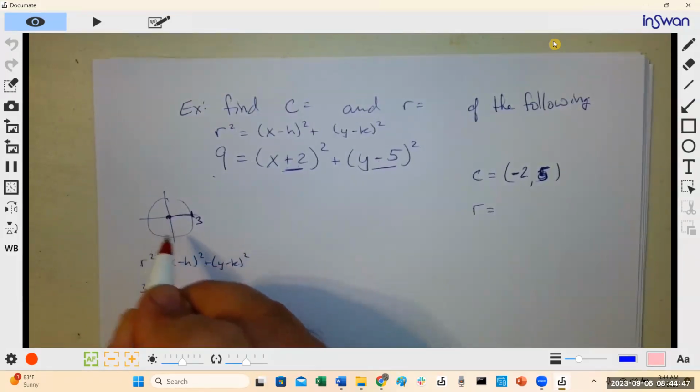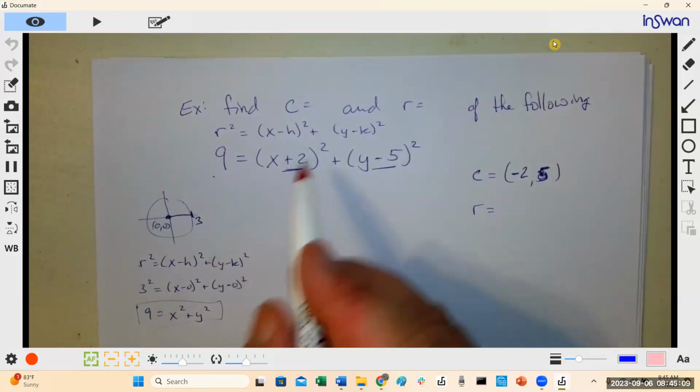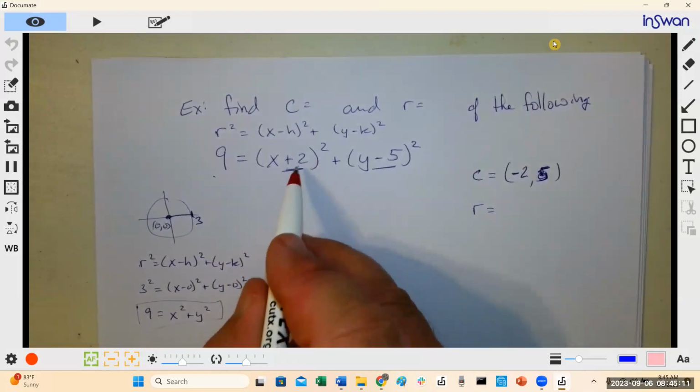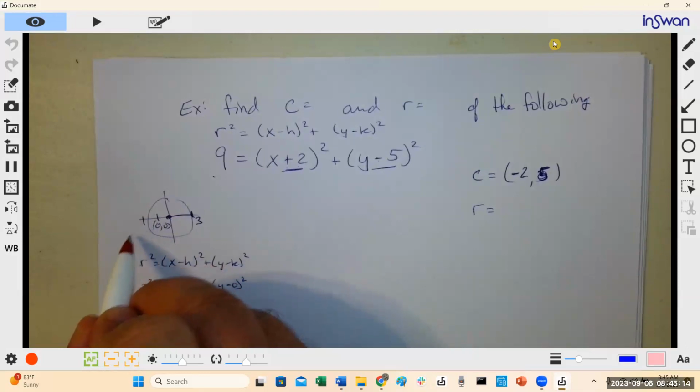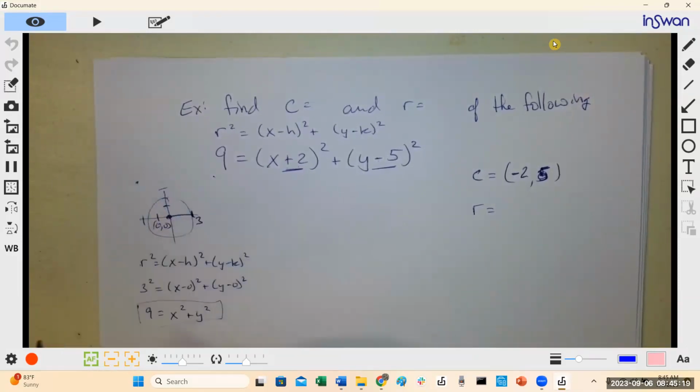The center is at (0, 0). So (x minus 0) squared, (y minus 0) squared. So we have 9 equals x squared plus y squared. Plus x minus 0 is x, y minus 0 is y. That is the standard one. That's from the center. If you move it, this one, I move it 2 to the left and 5 up. And the radius is up there.